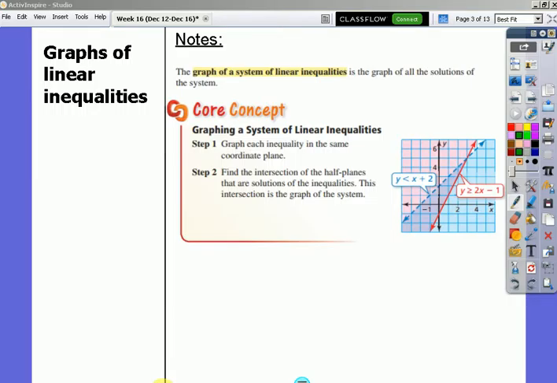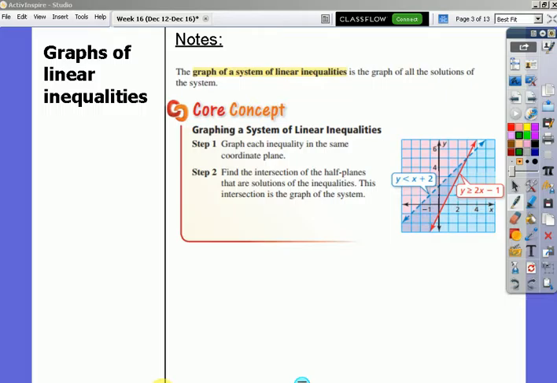Now, all the slide discusses is how to find a solution to your system via graphing. As we discussed before with inequalities, there is more than one solution, unless those lines are parallel, then we have no solution, because there is no intersection. And the shaded regions indicate all the points that satisfy our inequality.